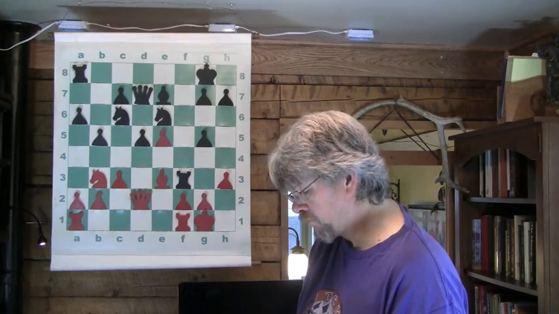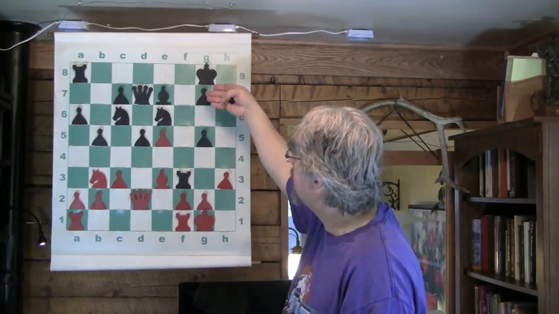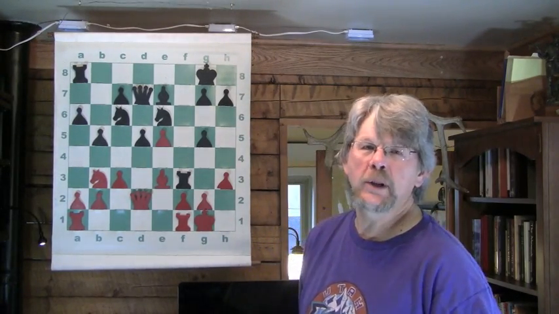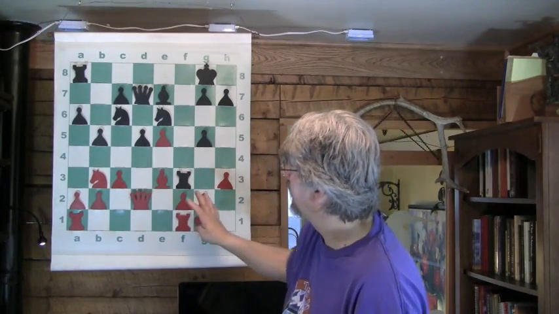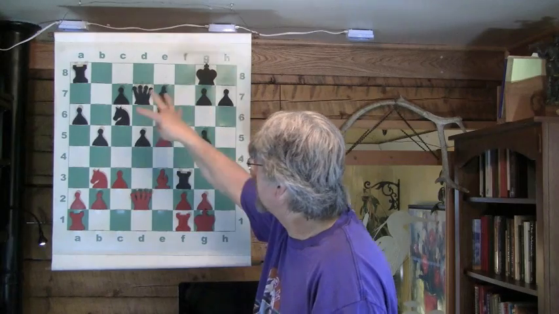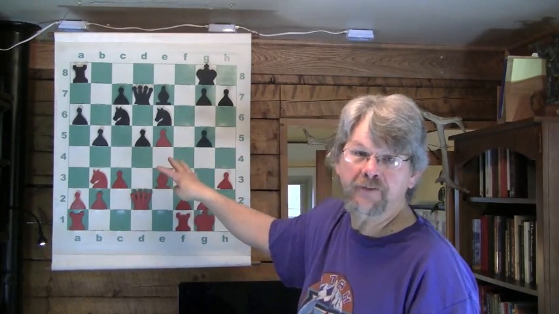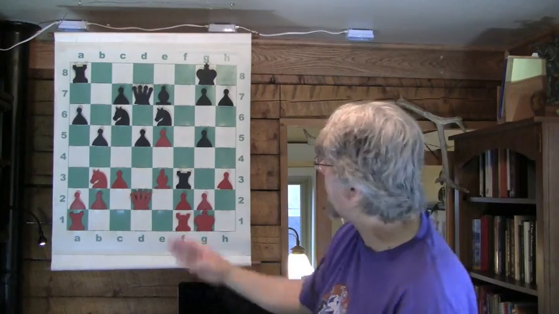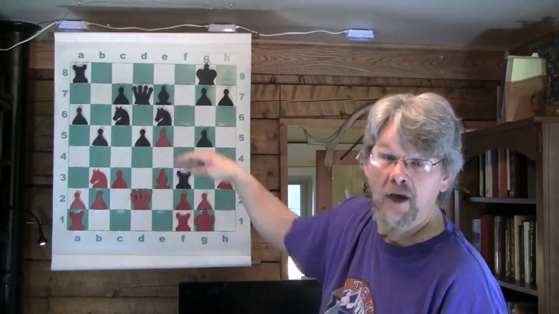Right? Why would he take a knight with a rook, though? Isn't a rook more valuable than a knight? Yes, it is. But when we look at the board position, there's really a lot of traffic, a lot of stuff in the center. I mean, it's not completely clogged. It's not completely closed off by pawns. But there's a lot of stuff in the center. So it's a semi-closed position.